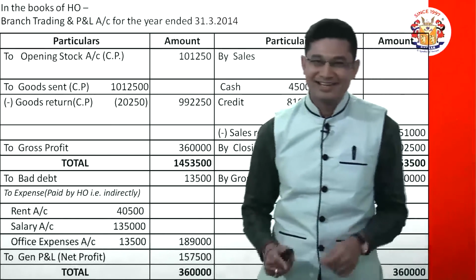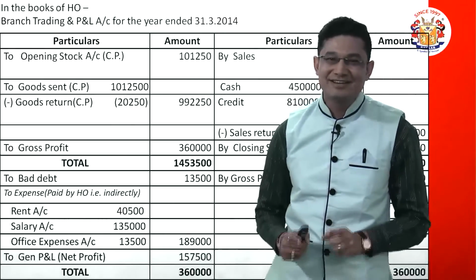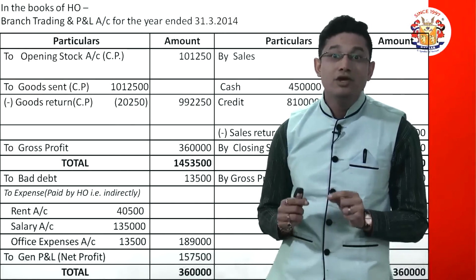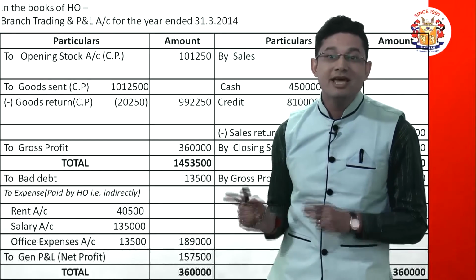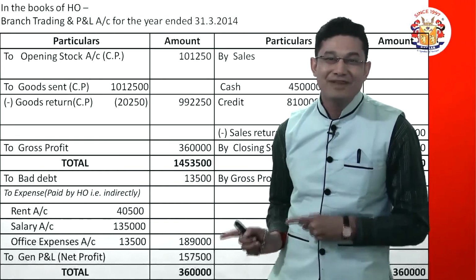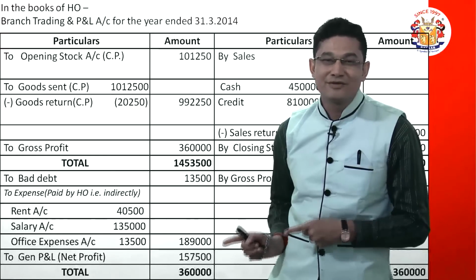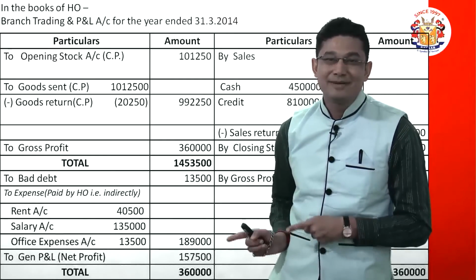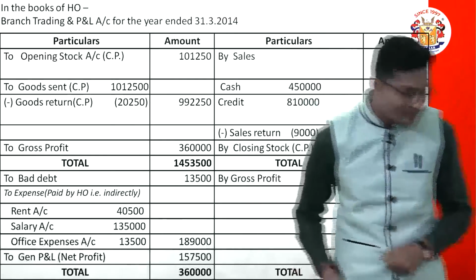Mind well, in case of debtors method, we also got the same answer of net profit made by branch, 157,500.